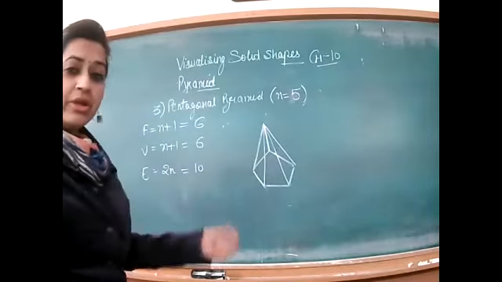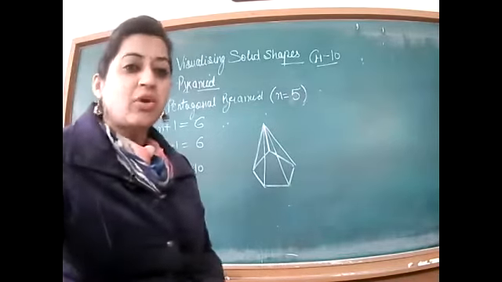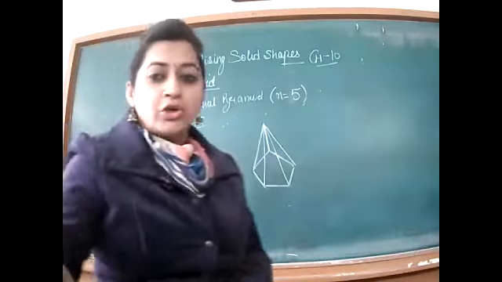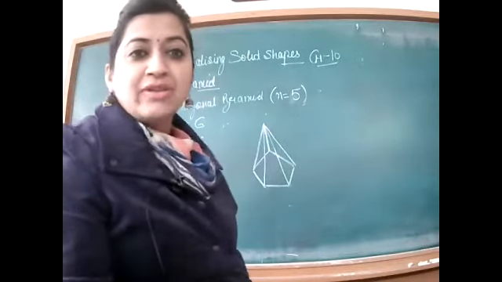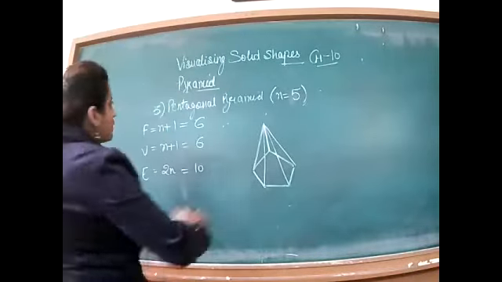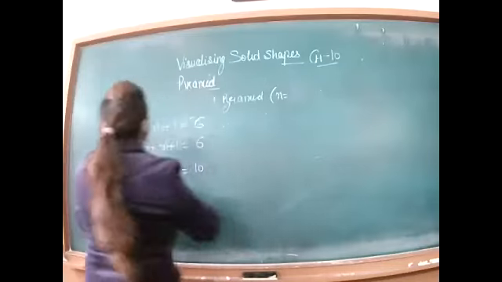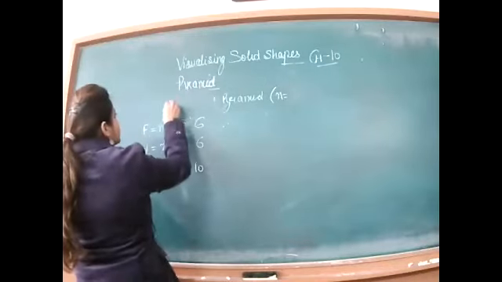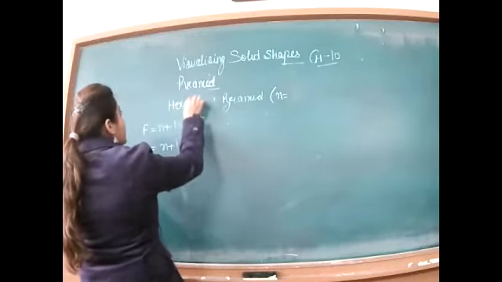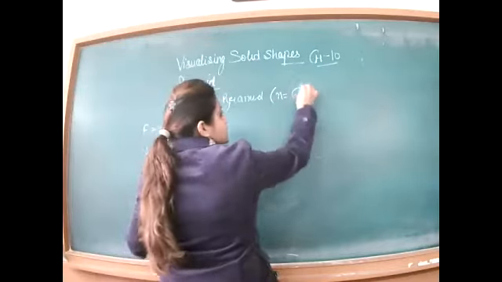Yes, note it down, and you can start with another, the fourth example, that is hexagonal pyramid. Yes, all of you draw a hexagon in your notebook and I will see it. Hurry up. Yes, next one is your hexagonal pyramid, that is n is 6 here.